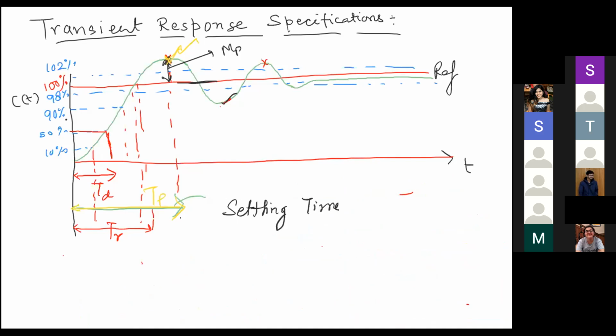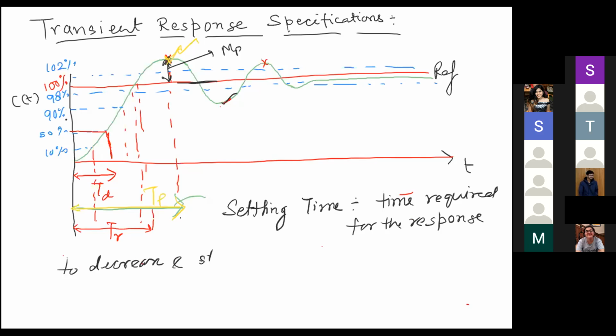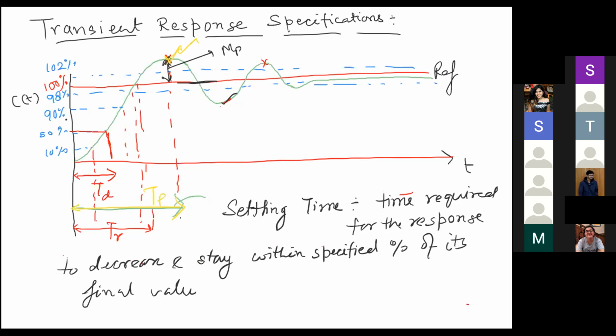Settling time is the time required for the response, that is C(t), to decrease and stay within a specified percentage of its final value.